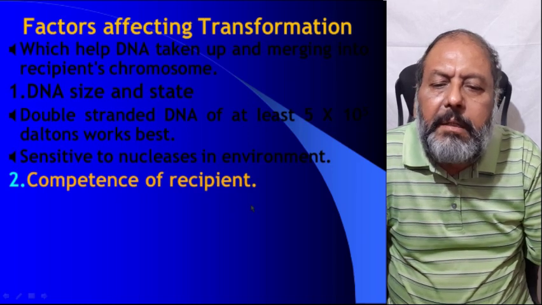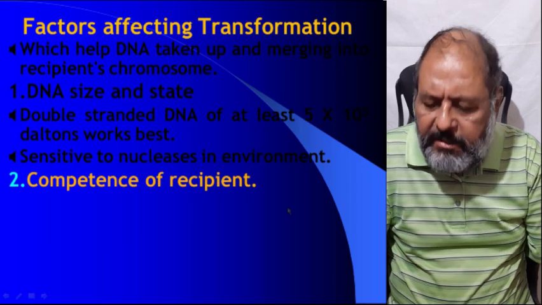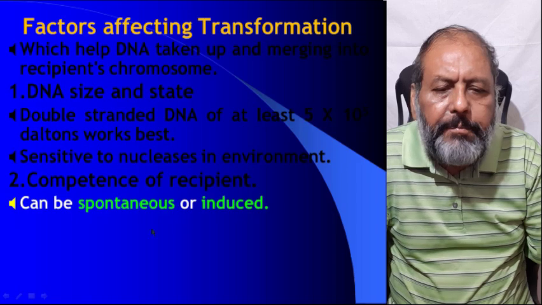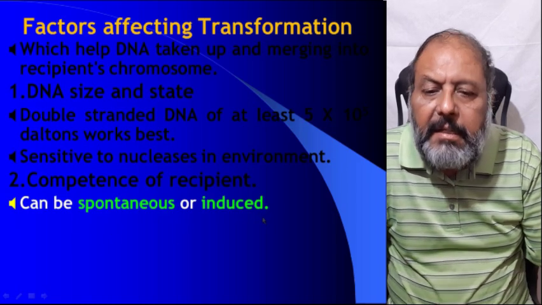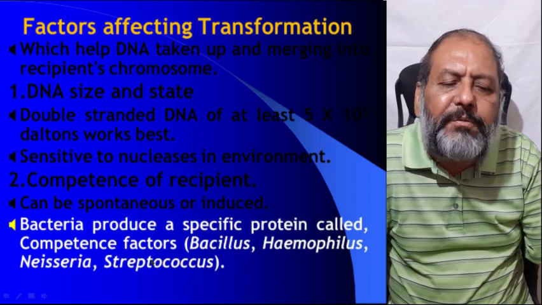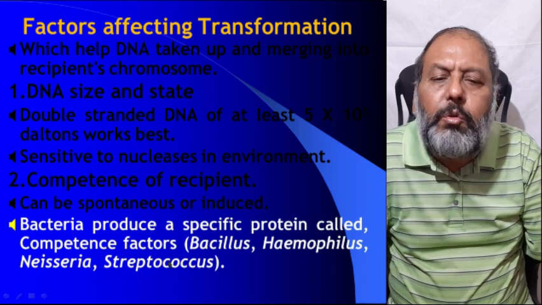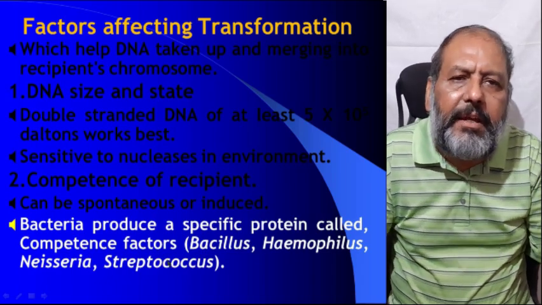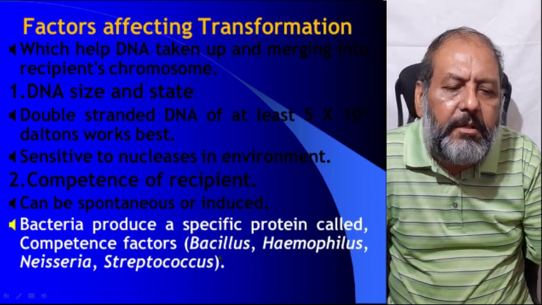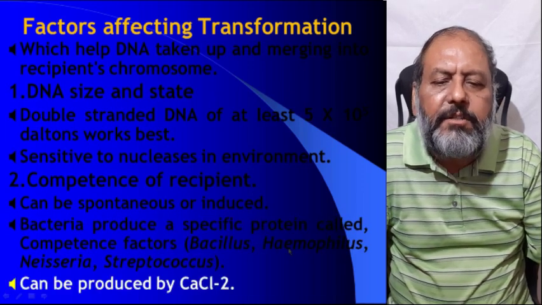Then there is the competence of the recipient, whether they are competent enough to take up the pieces of the chromosome and other DNA. Competence can be spontaneous or induced, or bacteria produce a specific protein called competence factor, which is responsible for taking up these pieces of DNA or plasmid. Bacteria having this specific protein are Bacillus, Haemophilus, Neisseria, and Streptococcus.